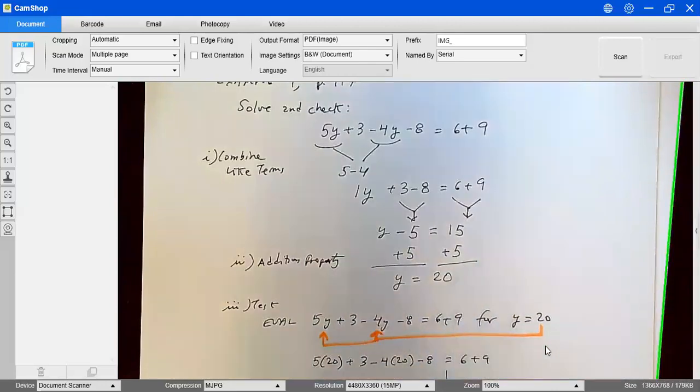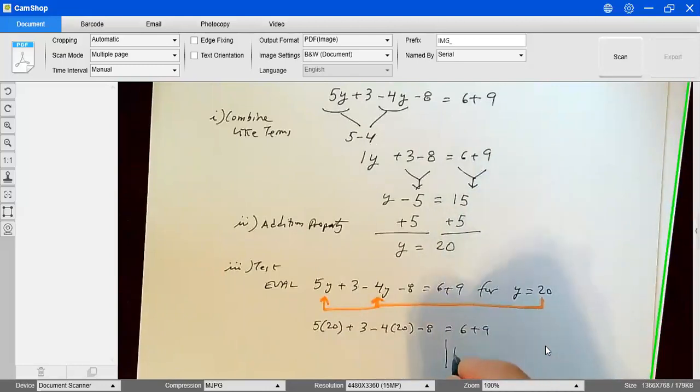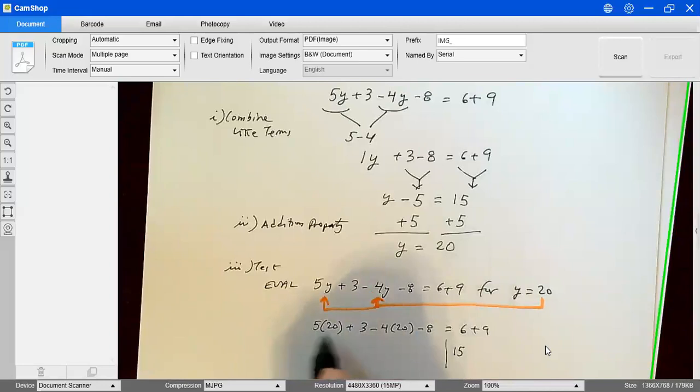So let's see. The right-hand side is easy, it's just 15. What about the left-hand side? We have 5 times 20, that is going to be 100, plus 3, minus 4 times 20, which is minus 80, minus 8. Then we can combine first positives and negatives.